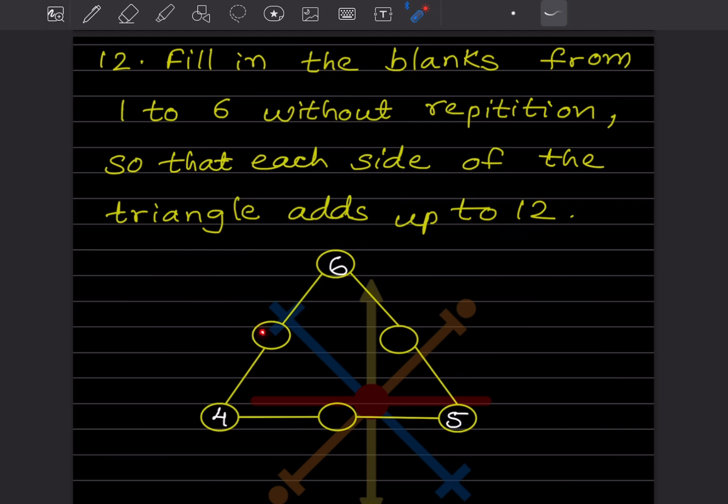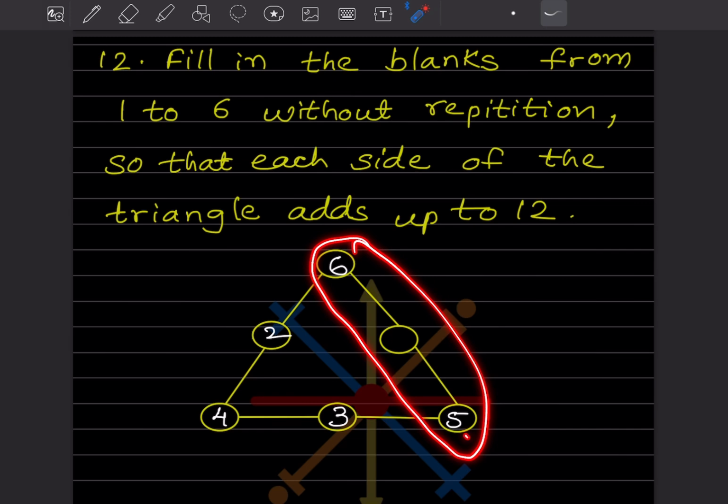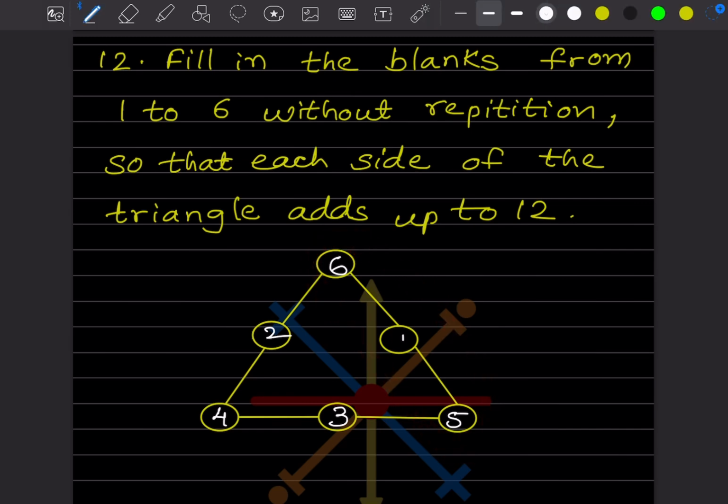So here it can be 2. Now here, if we take this part 9, then it is going to be 3. And if we take this part, this is 11. So it should be 1 more. So I think we have covered all the numbers and no number is repeating from 1 to 6. So this is the answer.